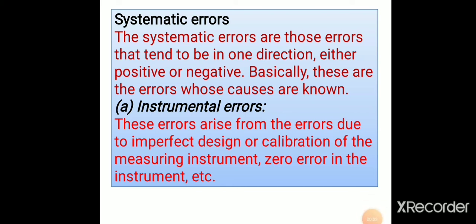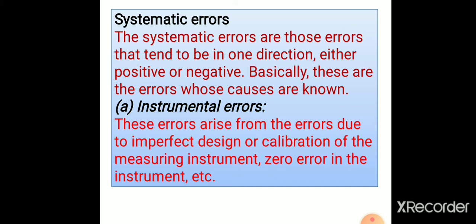For example, suppose if you are measuring the length of a book using meter scale, measurements which are smaller than 1 millimeter cannot be measured, and the precision of the scale is 0.1 centimeter. While if we are using a vernier caliper to measure the length, then we can get readings which are having more precision, up to 0.01 centimeter.